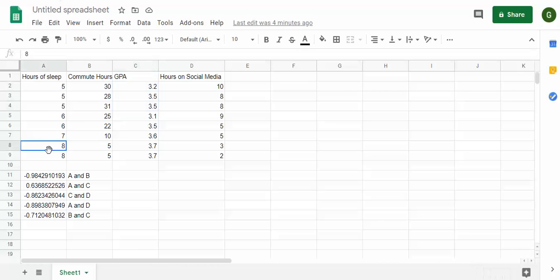And the people who are getting 8 hours of sleep have higher GPAs, 3.7. So the two variables are going up together. So it's positive.